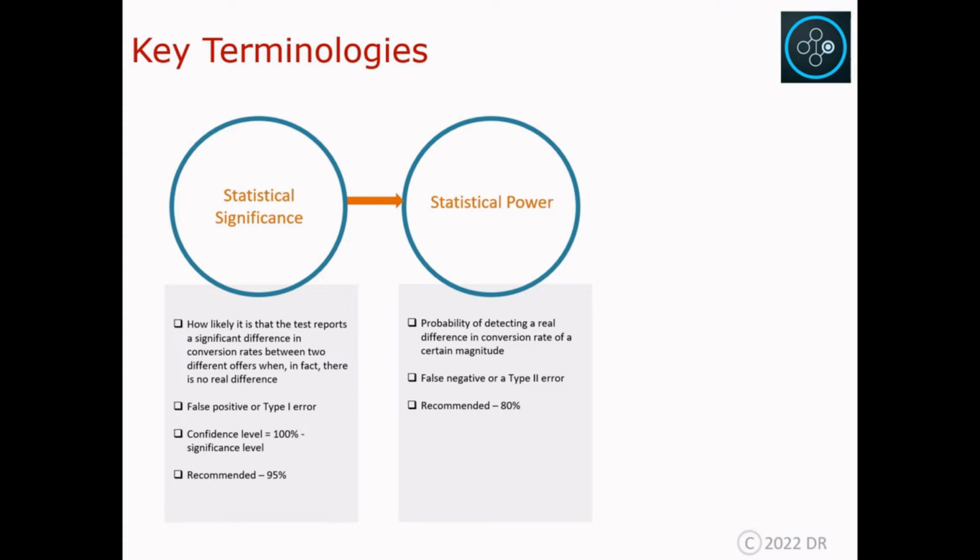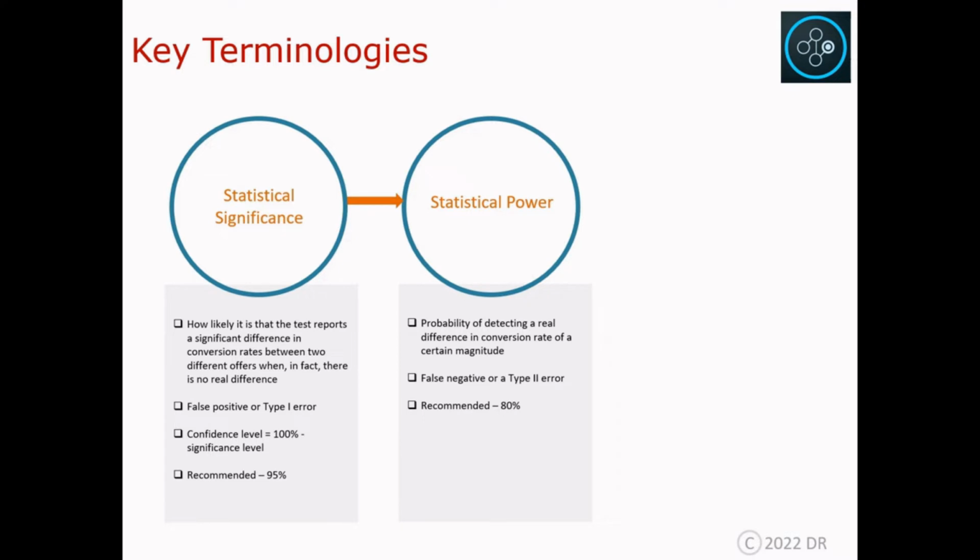The key point, if you have to remember, is that statistical significance recommended number is 95%, statistical power recommended number is 80%, and statistical significance is your false positive error, statistical power is your false negative error. If you remember this, that is enough.